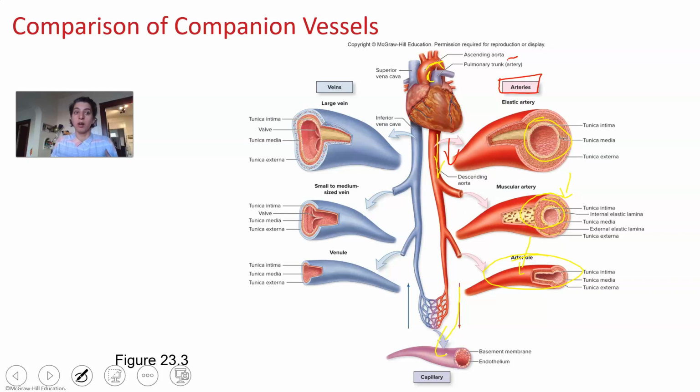Like if you are running away from a saber-toothed tiger, you're going to shunt blood away from your digestive organs because it's not time to digest that yummy, delicious egg, cheese, and hash brown sandwich that you had in the morning.